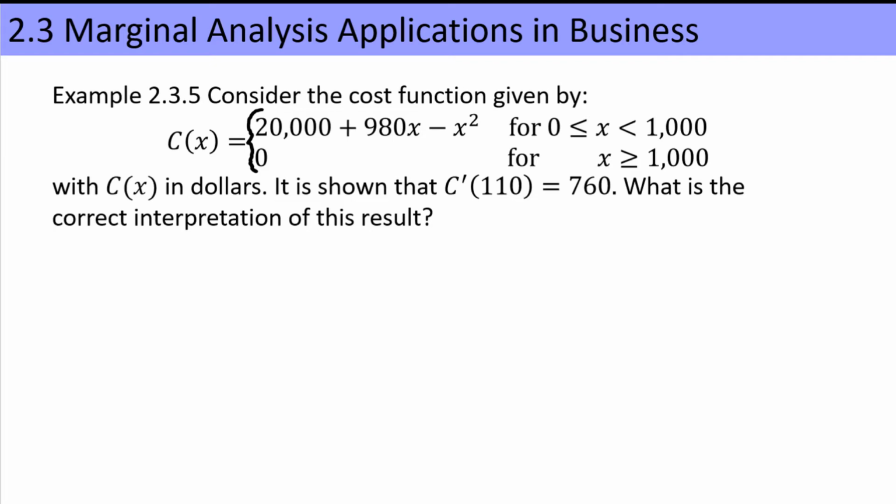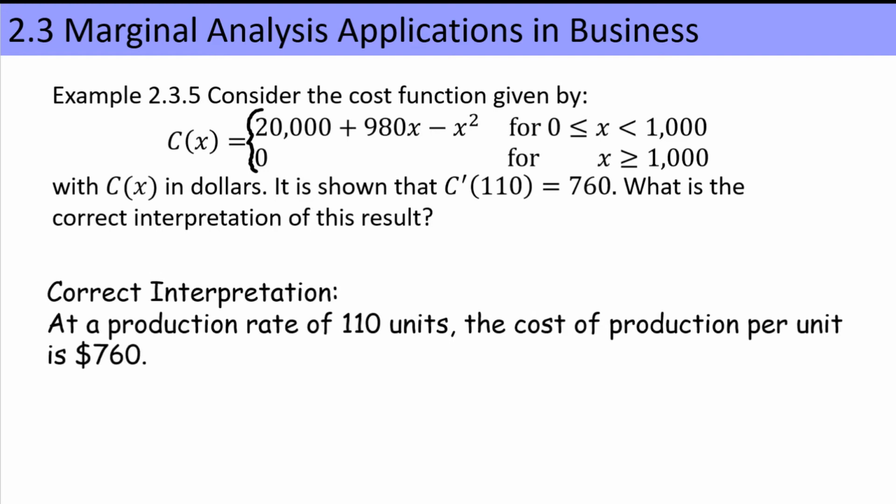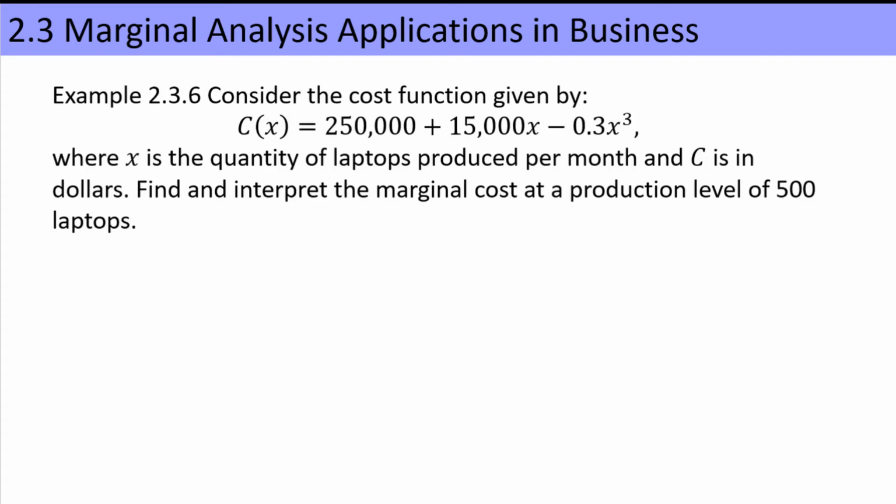What is the correct interpretation of this result? The correct interpretation: at a production rate of 110 units, the cost of production per unit is $760.